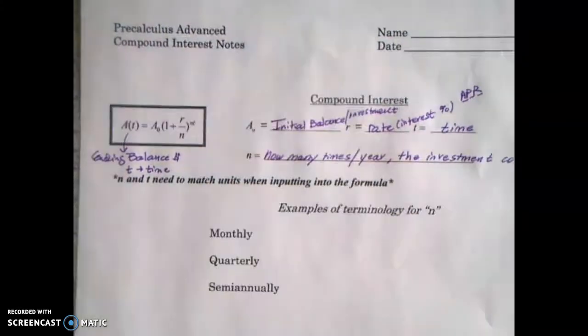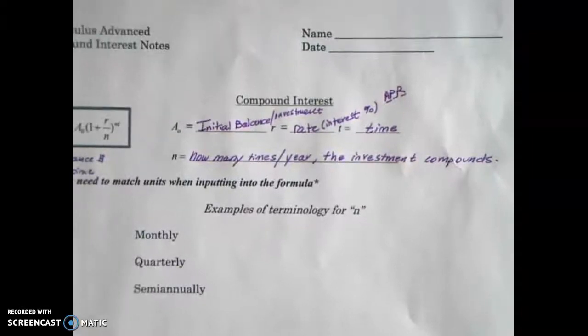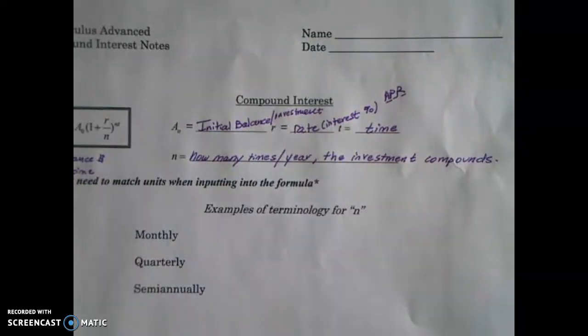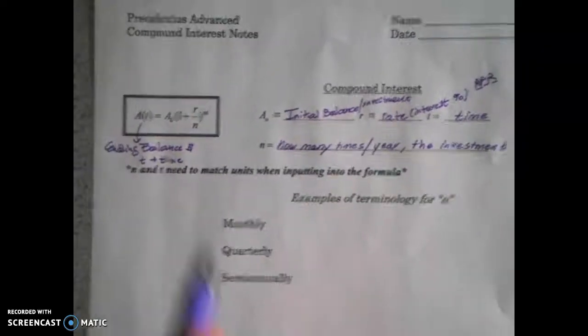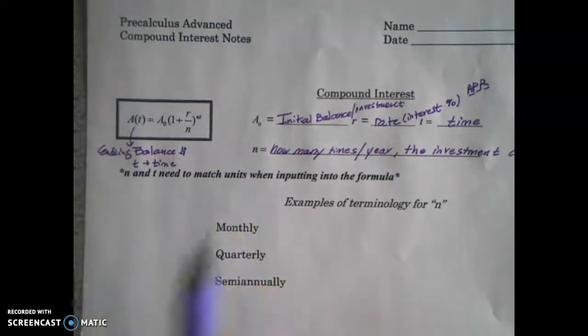Basically, this will tell you how often the investment will earn interest. Big thing here is that the N and the T have to match in terms of the unit of time.